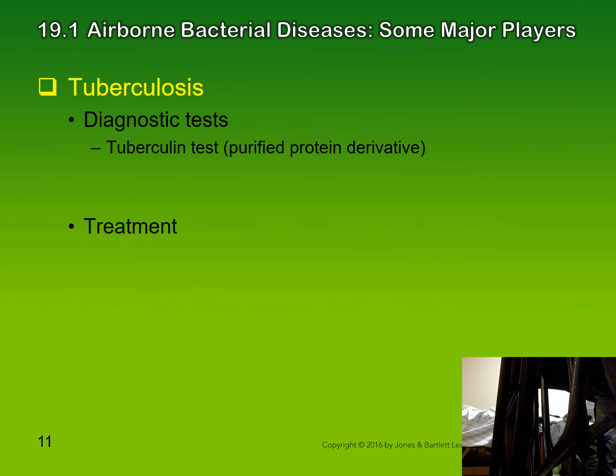You put a little bit of it under the skin, and then you wait 2 days, and if you react to the protein, then the spot of the injection will turn red. If you've had TB, then it'll turn red. If you don't have TB, then you get no skin reaction.